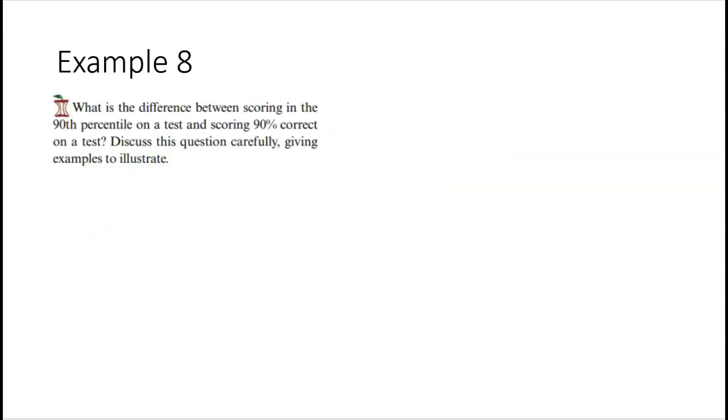What is the difference between scoring in the 90th percentile on a test and scoring 90% correct? If you score in the 90th percentile, a percentile is a comparison to others.